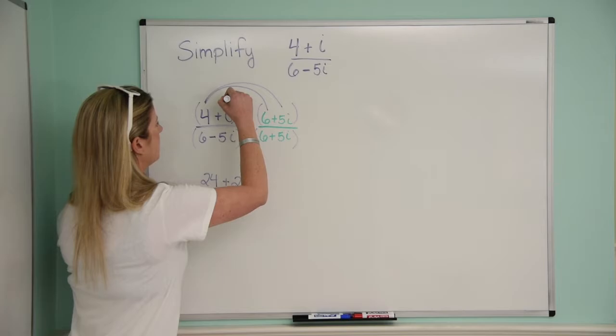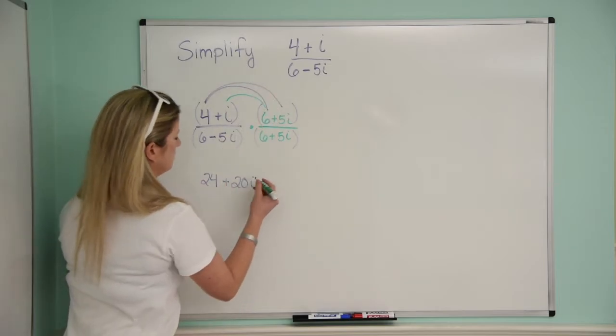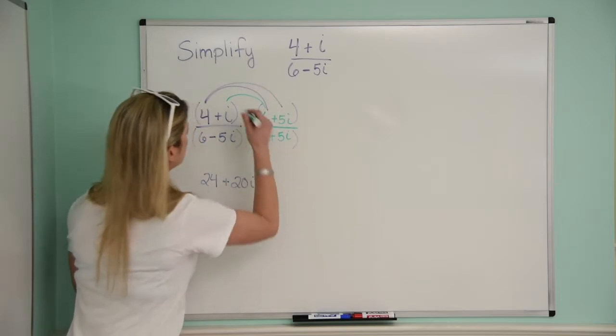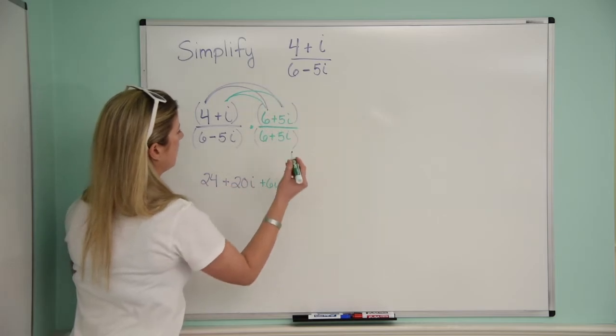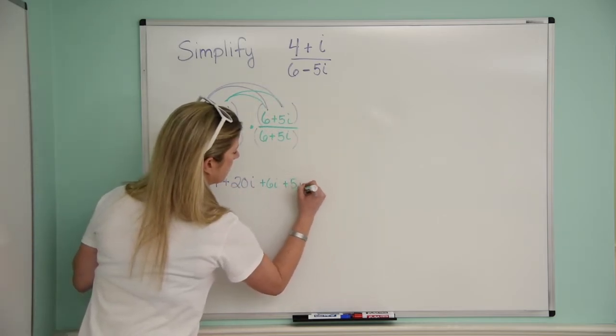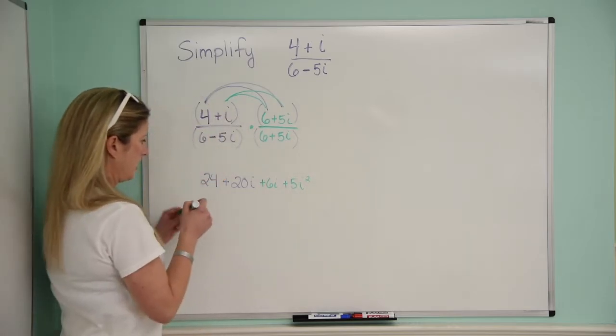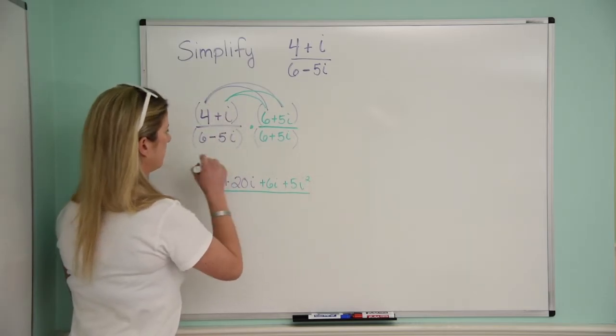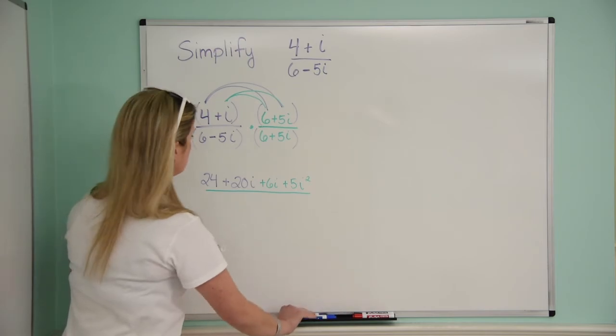Then we've got i times 6, which is 6i, and i times 5i, which is going to be plus 5i squared. Okay. Awesome. And then that's going to be over, and then we'll do the same thing down here.